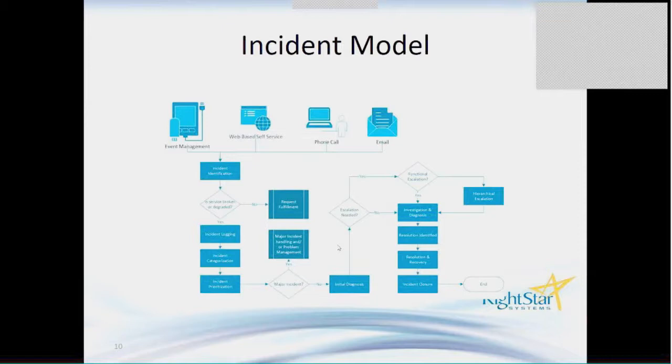So that's something to consider here and may warrant some additional review to see if there's opportunities for that type of cross-functional support within your own organizations. And then from there, we carry on with the investigation and diagnosis, hopefully a quick resolution, recovery, and ultimately incident closure.